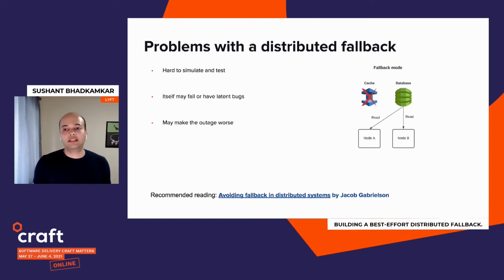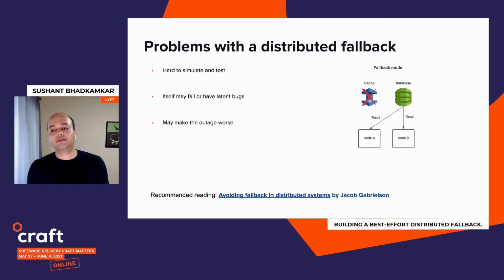One is that these scenarios can be hard to simulate and test. Maybe your cache becomes unavailable only when you see a sudden spike in traffic, so you might want to simulate that scenario in perhaps your staging environment. But you might have to consider other cases as well.